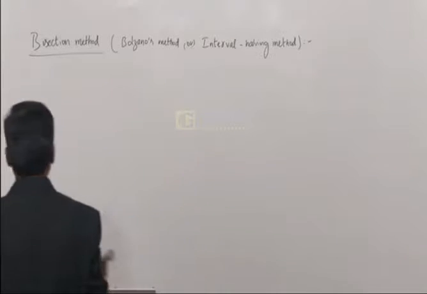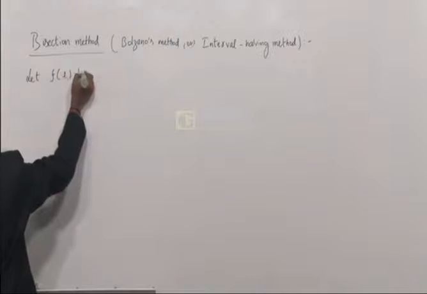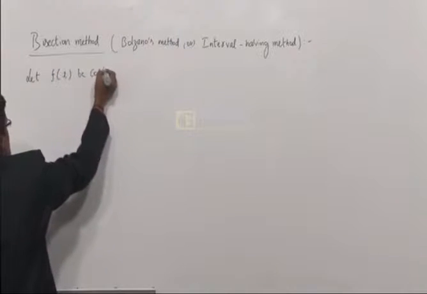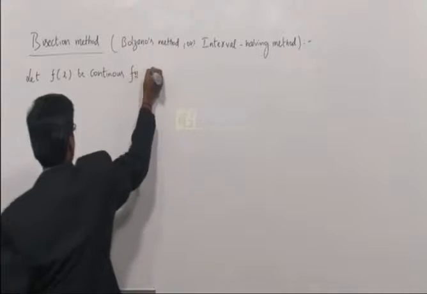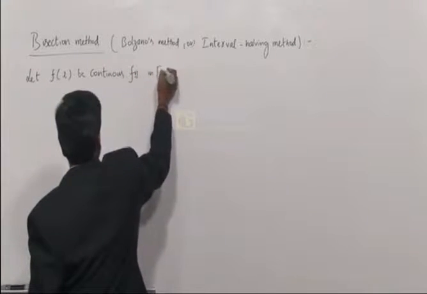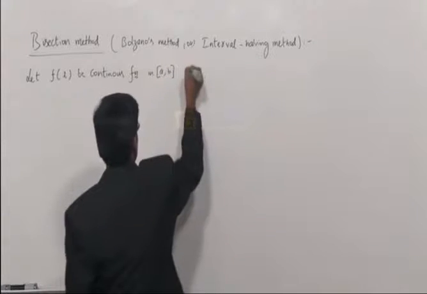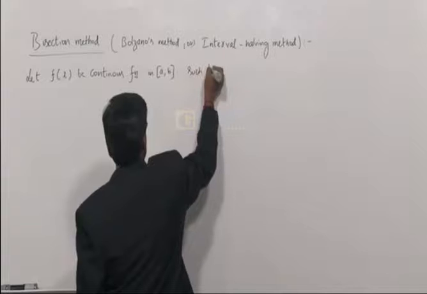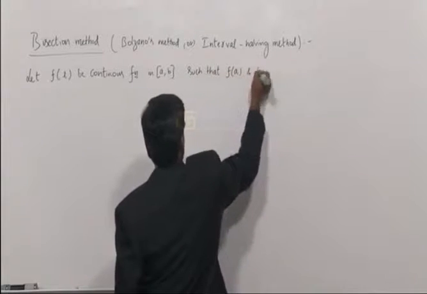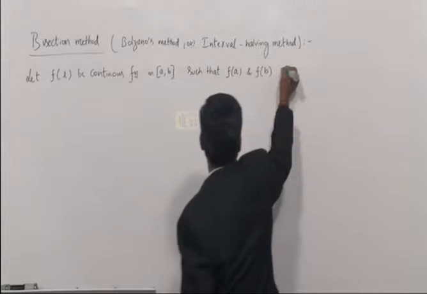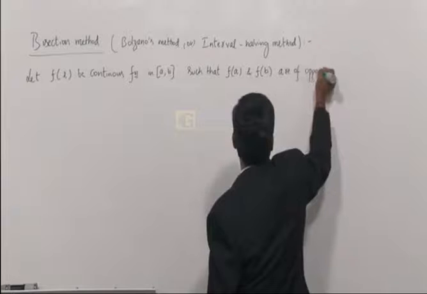Okay, let f(x) be a continuous function in closed interval [a, b] such that f(a) and f(b) are of opposite signs.